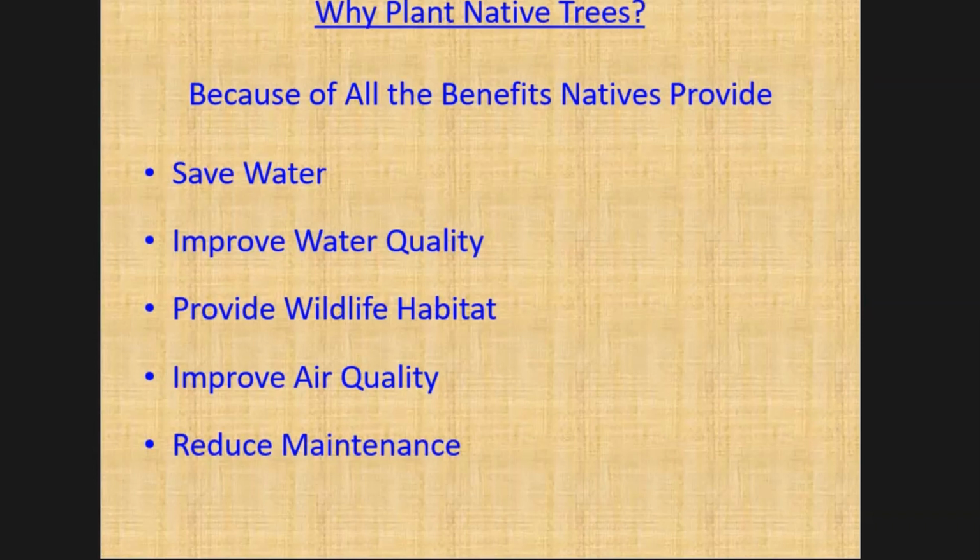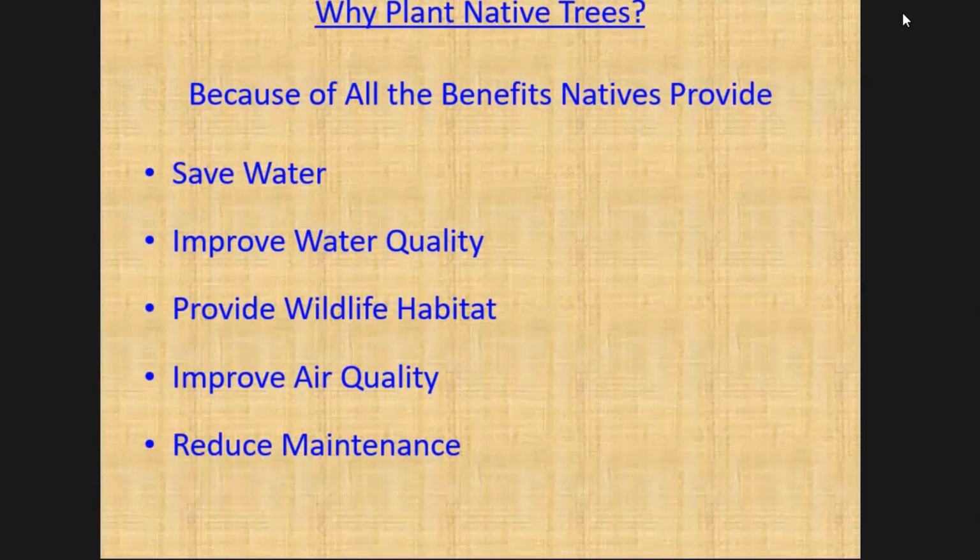Other trees also do this to a certain extent, but think about this: a native tree planted in its normal environment, interacting with native birds, native insects, native mammals, in the eco area where it belongs. Everything just works together, and they depend upon each other.